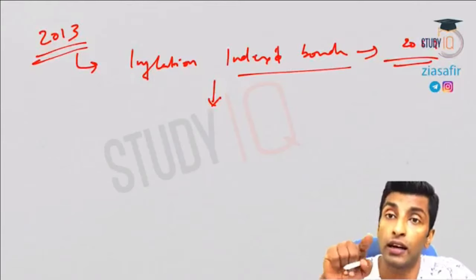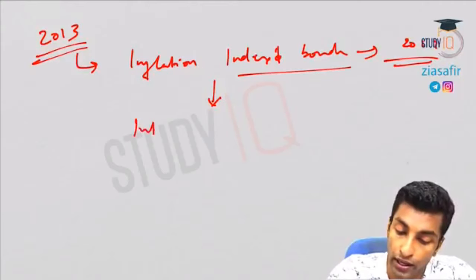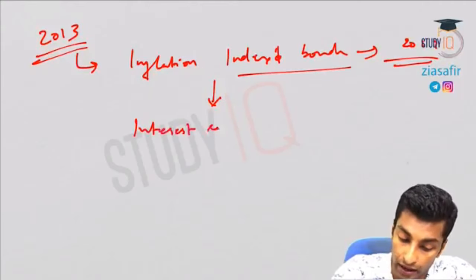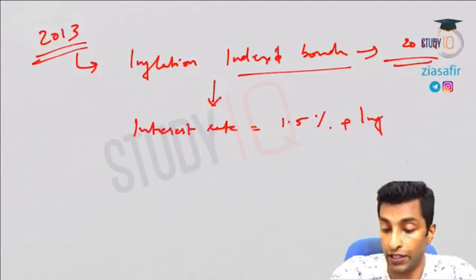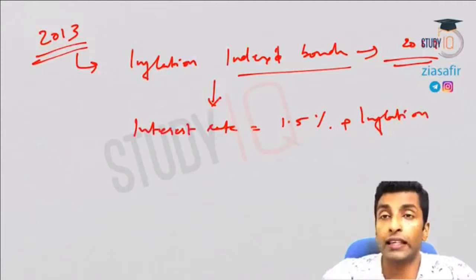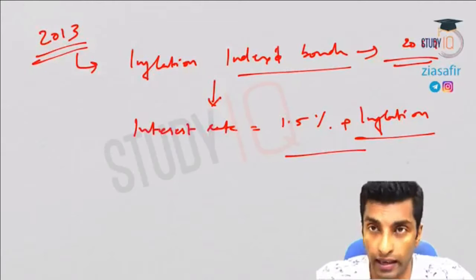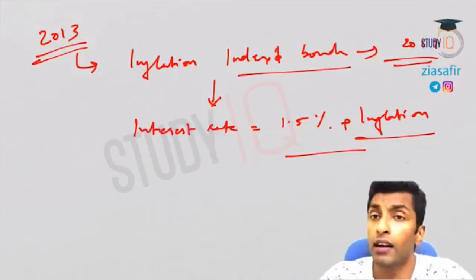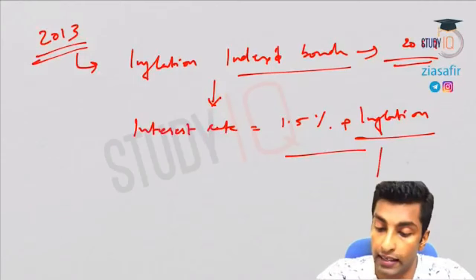So here the interest rate under this is equal to 1.5% plus the inflation rate. So let's say 10% is the inflation, 11.5% will be the gain, the yield of the bond. Then there won't be any problem, so people can invest in the financial instrument because it is adjusted with inflation.